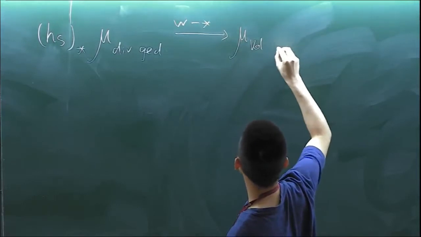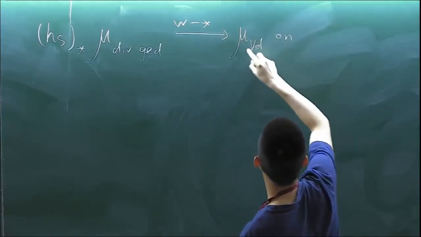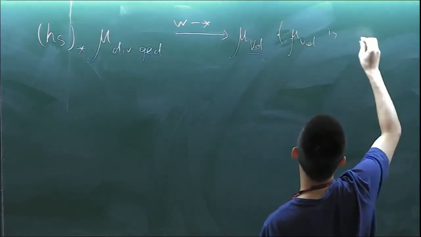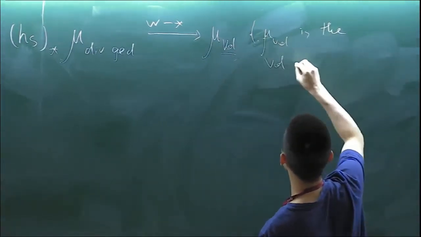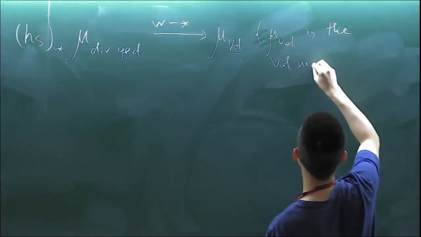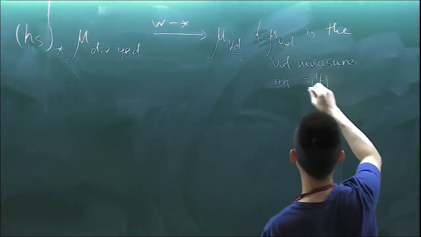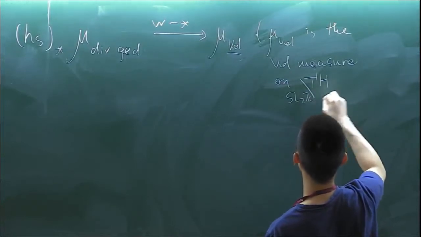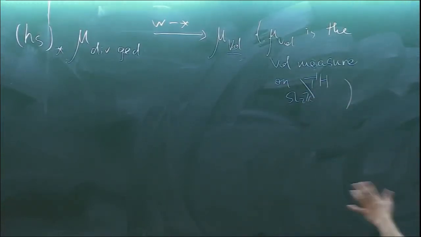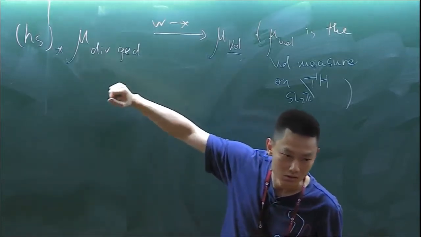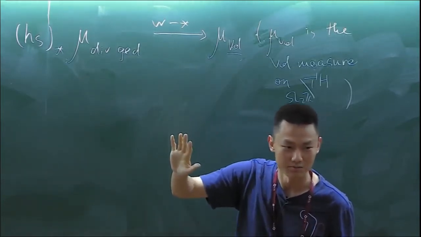So mu volume is the volume measure on T1H quotient SO2Z. But this is not true, because if you just take the weak star limit of this, you will get something that's not a locally finite measure, the limit.